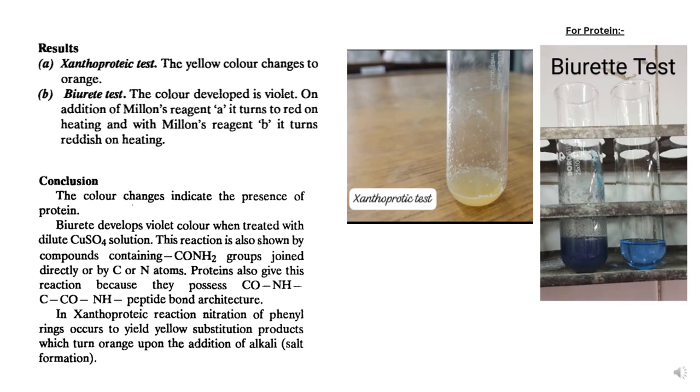In the xanthoproteic reaction, nitration of the phenyl ring occurs to yield yellow substitution products which turn orange on addition of alkali.